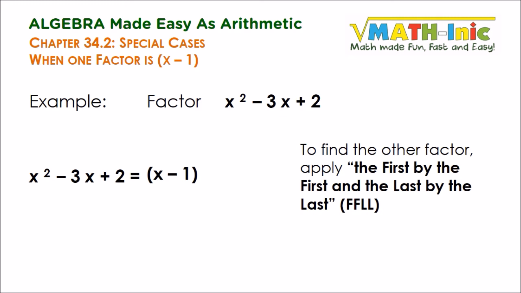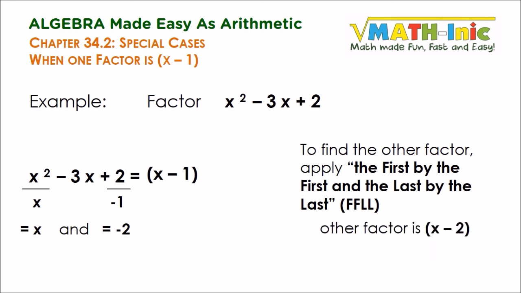So we divide the first coefficient of x squared by x and the constant 2 by negative 1. X squared divided by x is x, and 2 divided by negative 1 is negative 2. So the other factor is x minus 2. X squared minus 3x plus 2 is equal to x minus 1 times x minus 2.